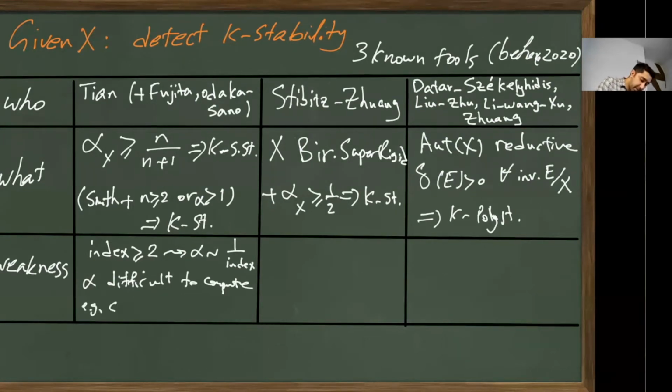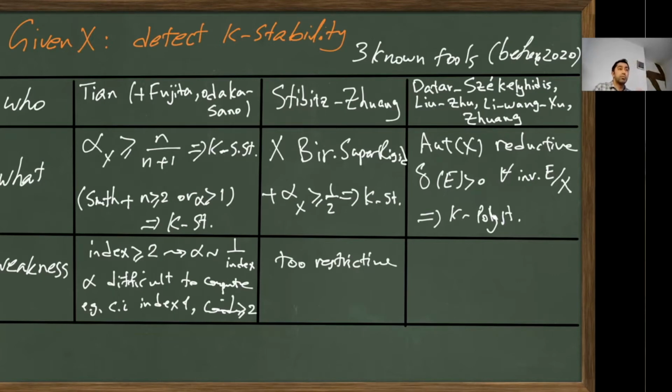For example, if you have complete intersection Fano varieties in P^n of index 1, this is useful, but you cannot compute it if the codimension is at least 2. So that becomes difficult. So it is useful, but it doesn't work that well. This one is really nice, but it's too restrictive.